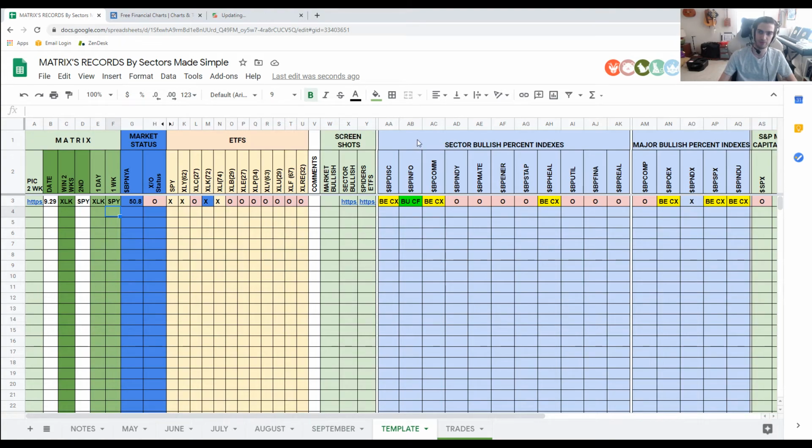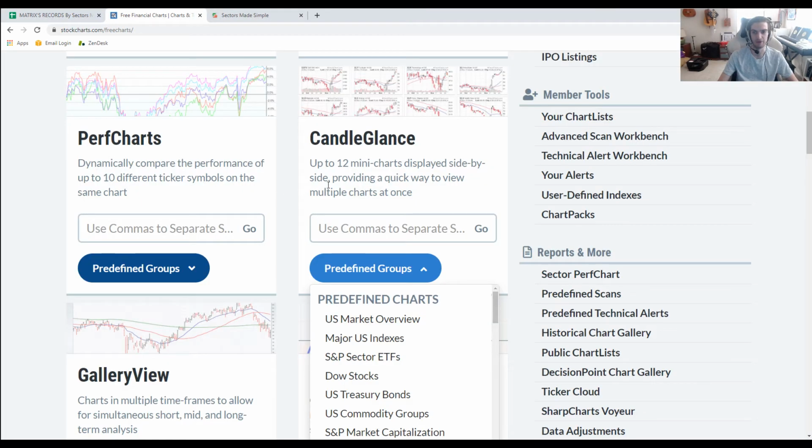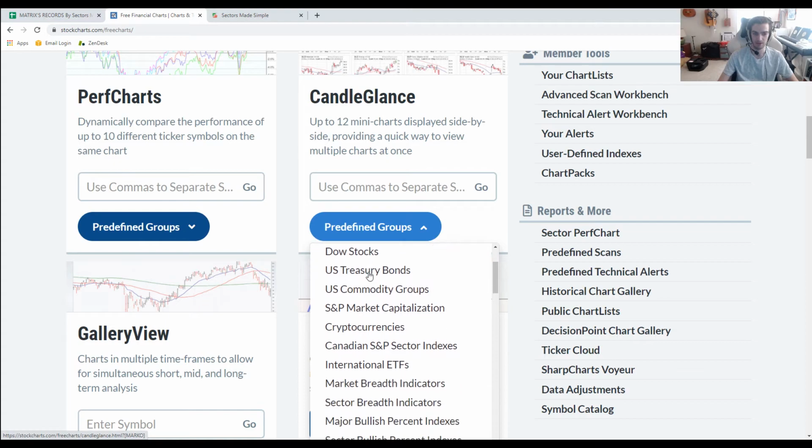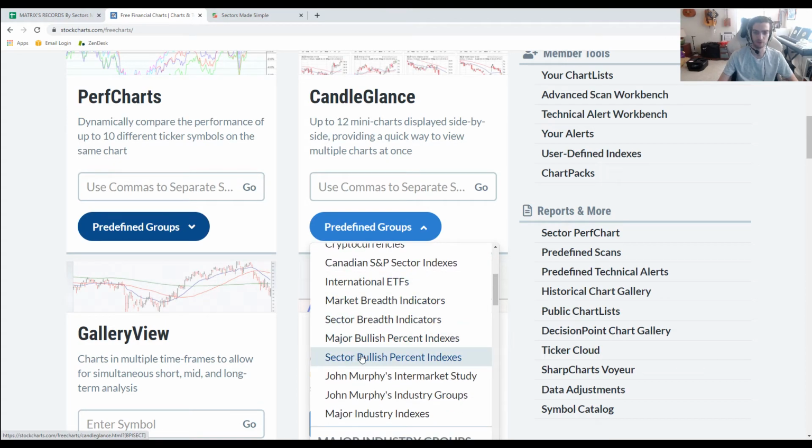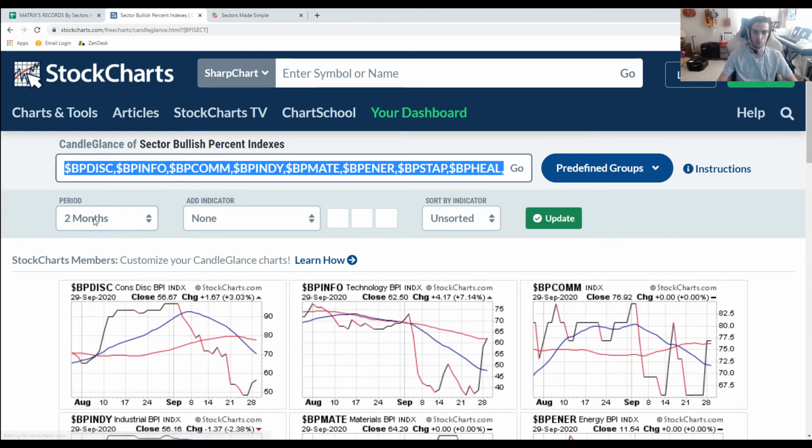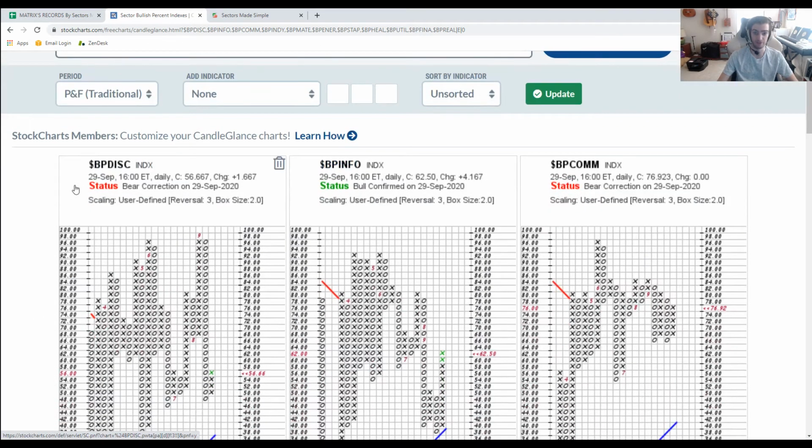The next step is our sector bullish percent indexes, which is the S&P 500 bullish percents. We take a picture of that as well, and we find that by going to Candle Glance and going to sector bullish percent indexes. We always want to look at the status.